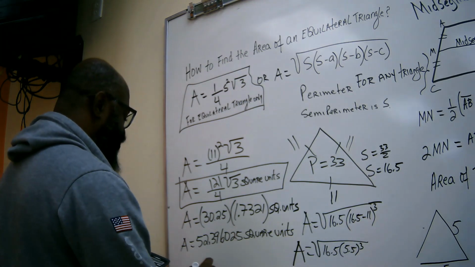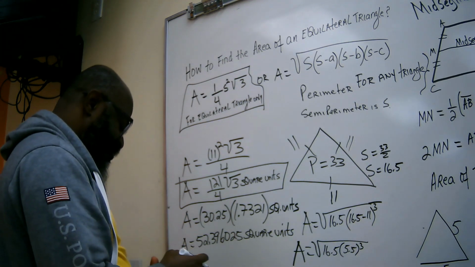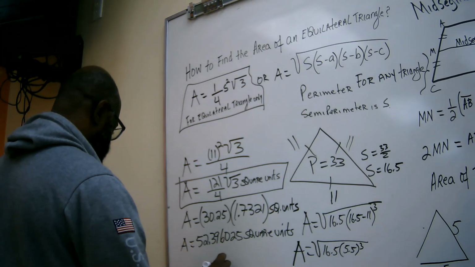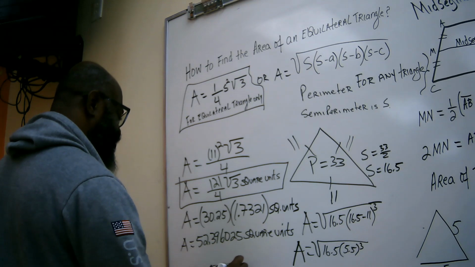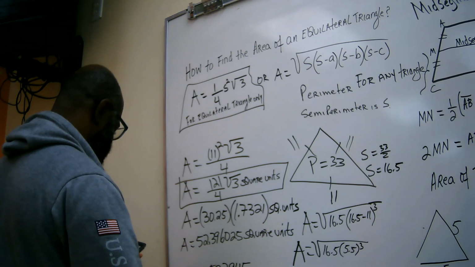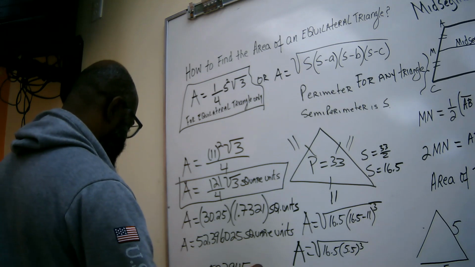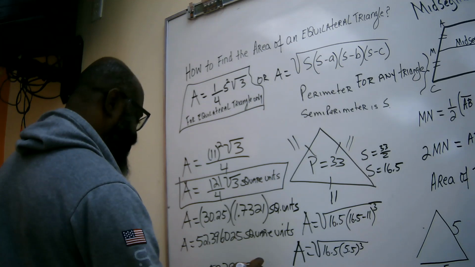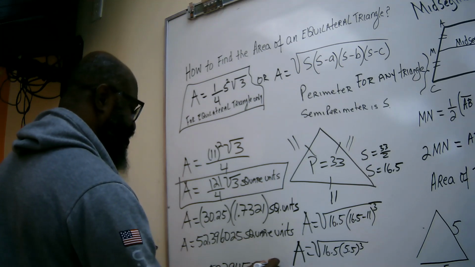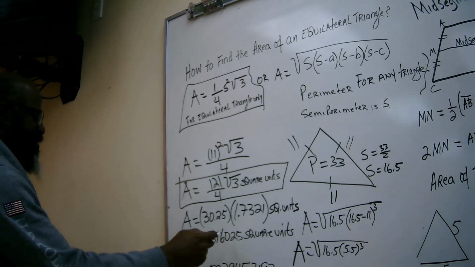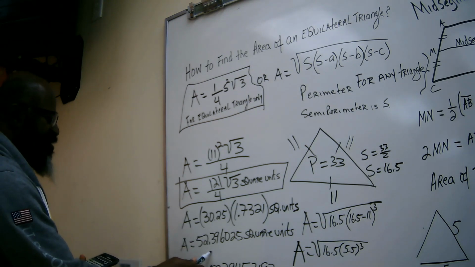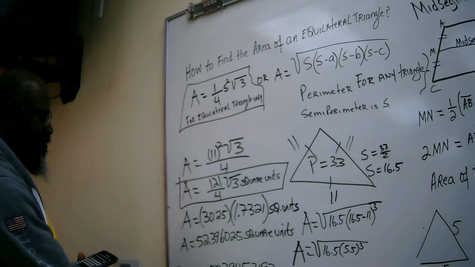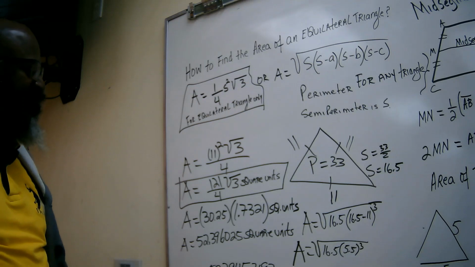Then you take the square root of that, and this will tell you what the area is. And as you can see, it's 45.36 and so on. Since we evaluate that, as you can see, it's a little bigger, but not much difference. So both ways work.